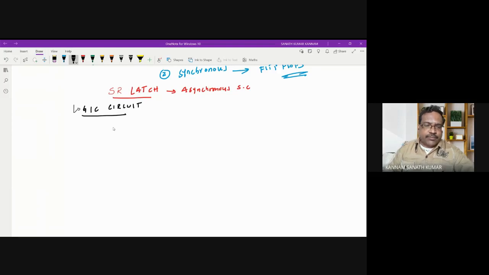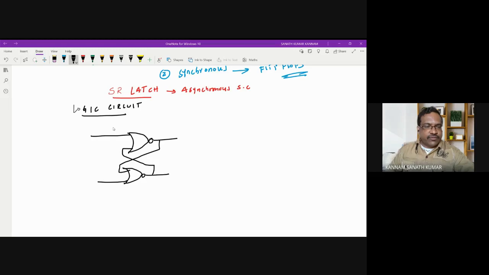First I am realizing this SR latch by using the NOR gate. This latch is what we call a 1-bit memory element, so it will store 1 bit of data. You have two NOR gates. This output is fed back to this input, and this one will be fed back to this input.